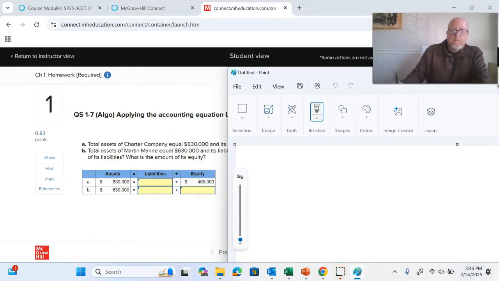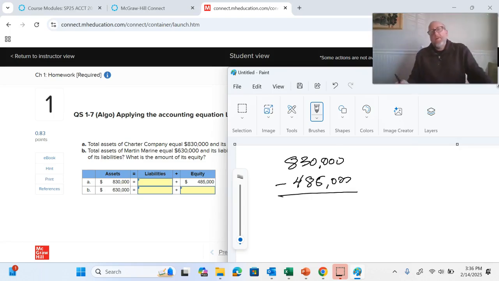So, what would be total assets of 830,000 minus equity of 485,000? I don't know how to do that math in my head, and I don't even think I need to.